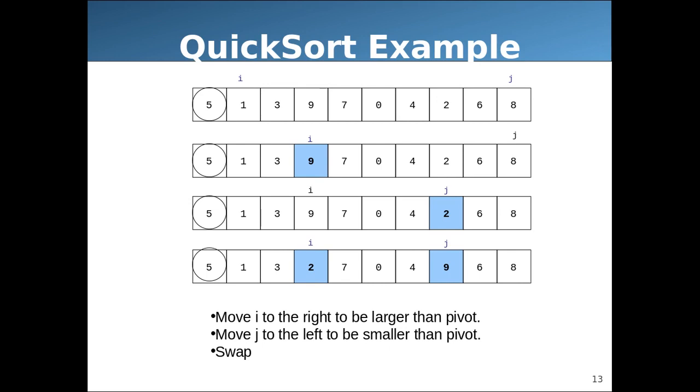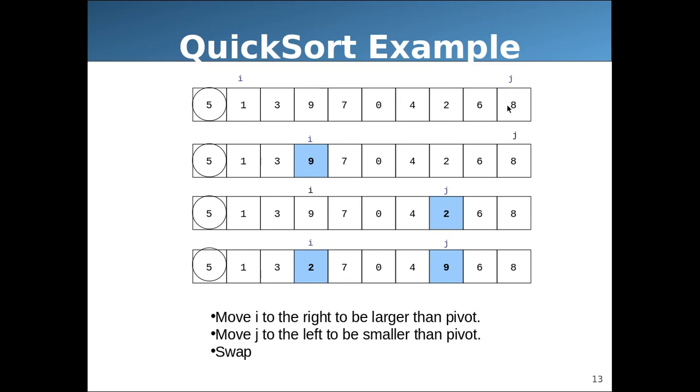All right, so let's say that we choose our pivot to be the very first element. Now we are going to have two indices that we keep track of, i and j. We're going to move i to the right, and we're going to move j to the left. For our comparison, as long as the number at i is less than 5, we're going to keep going.